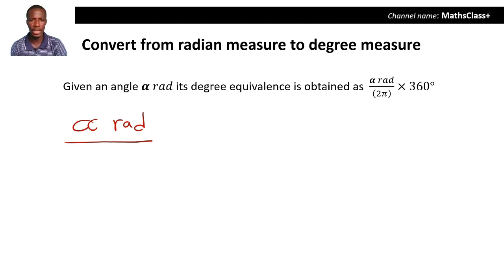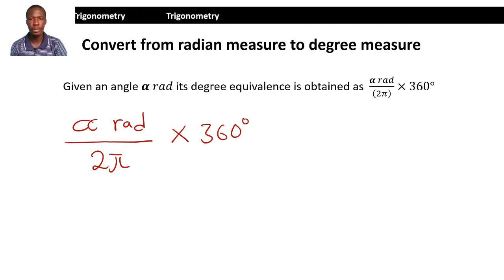So you divide what you have by 2 pi. That gives you the fractional value of it. And then the result is multiplied by 360 degrees. If you simplify, you see that 2 will cancel 360 into 180.